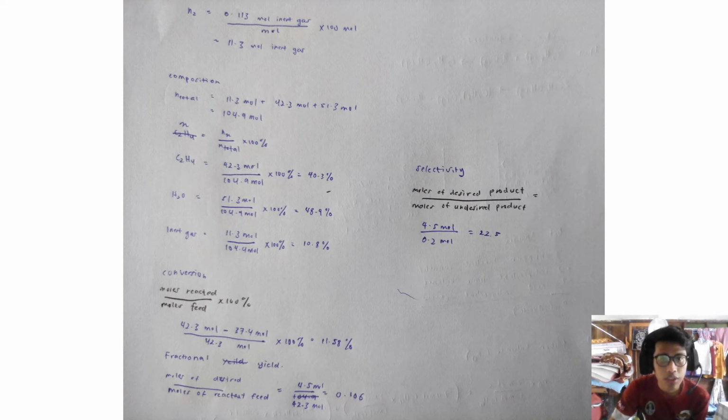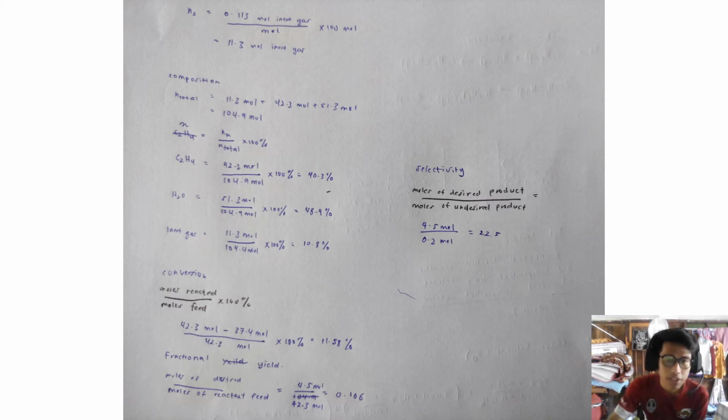So the composition of ethylene is 42.3 mole over 104.9 mole times 100%, equivalent to 40.3%. For water, 51.3 mole over 104.9 mole times 100% is equivalent to 48.9%. For inert gas, 11.3 mole over 104.9 mole times 100% is equivalent to 10.8%.